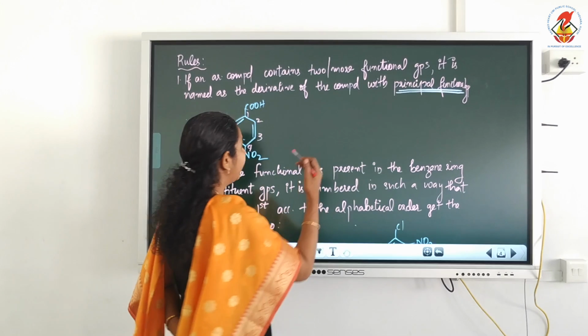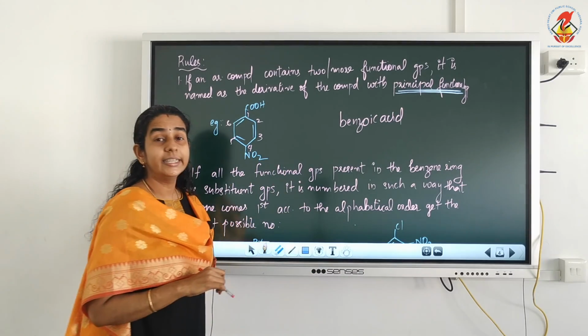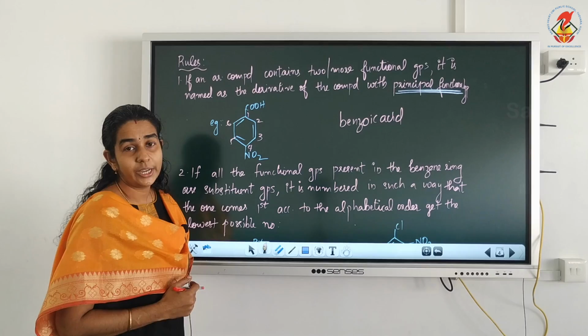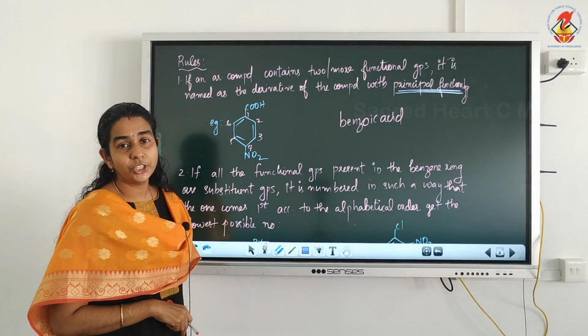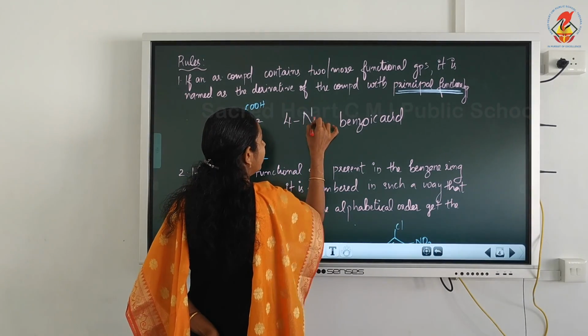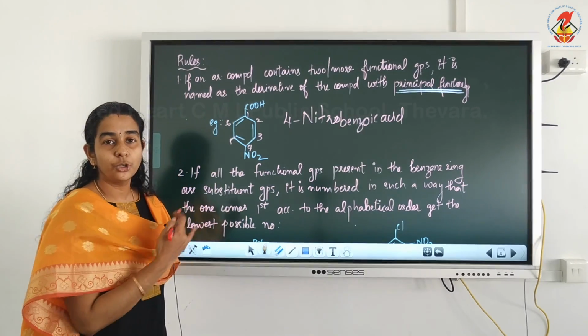The parent is benzoic acid. So this we can consider only as a derivative of benzoic acid. And which derivative is it? In benzoic acid at the 4th position there is a nitro group. So how we can name it? It is 4-nitrobenzoic acid. So N should be capital.